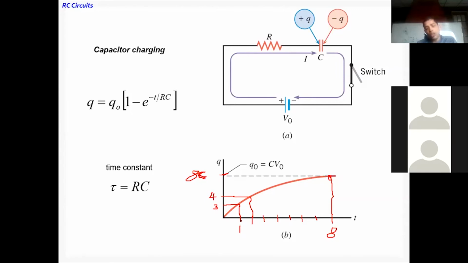In the first second, 3 coulomb charge is accumulated there. In the second second, 4. Now, can you tell me if the charge accumulated faster in the first second or the second second?